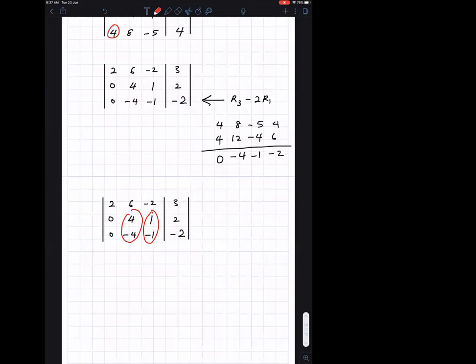If you go row 3 plus row 2, that's going to make all of row 3 go to 0, right? And if you go R2 plus R3, that will make row 2 go to 0, right?